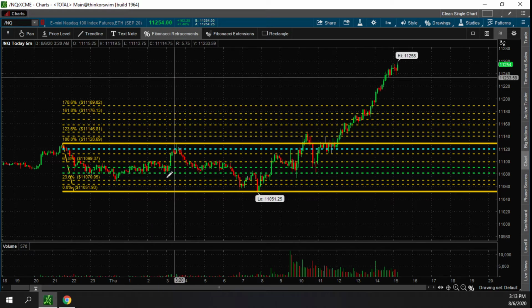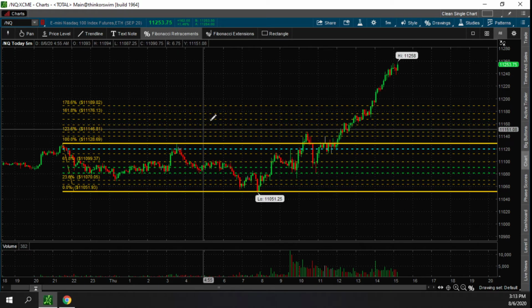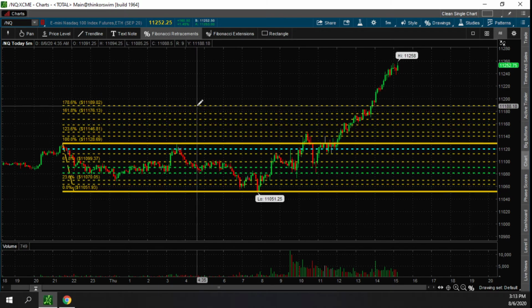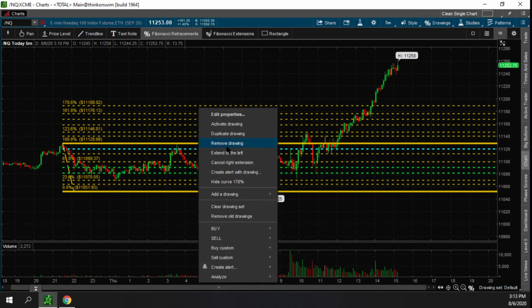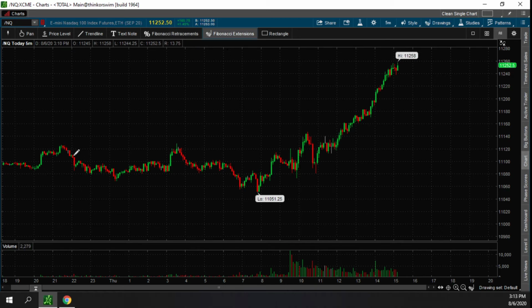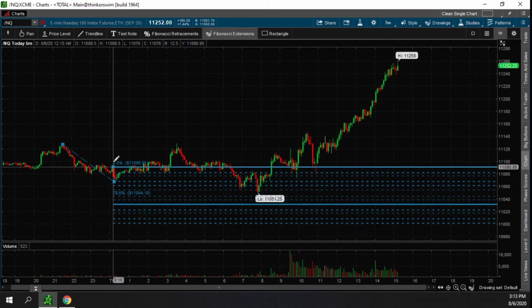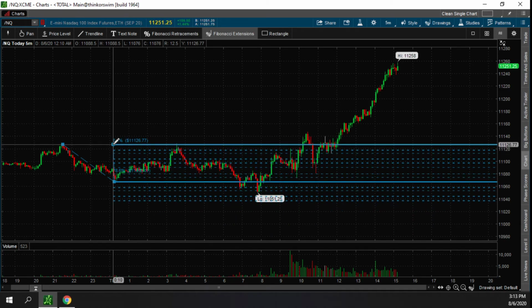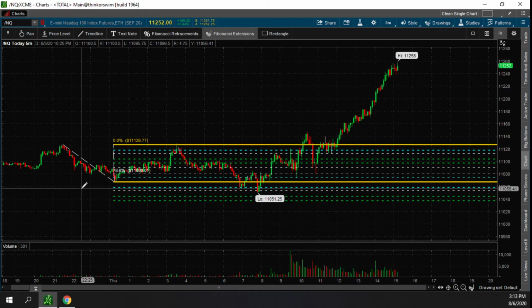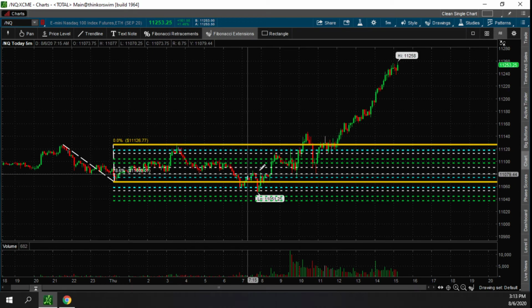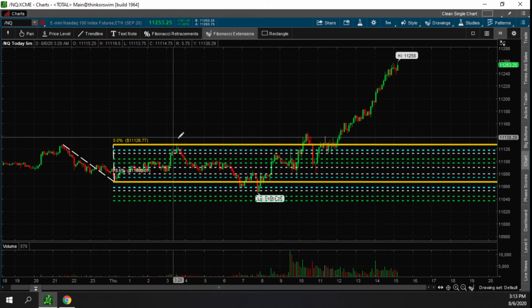The extension, you pick 3 different points. You could pick this one, and then that. And then it kind of gives you the range to where the Nasdaq might potentially go.